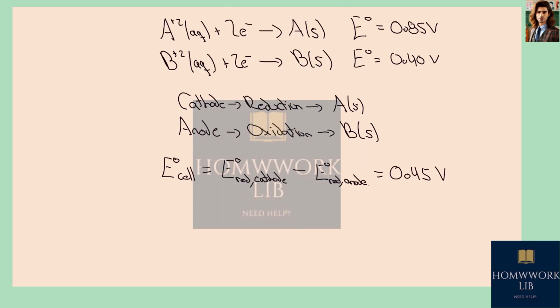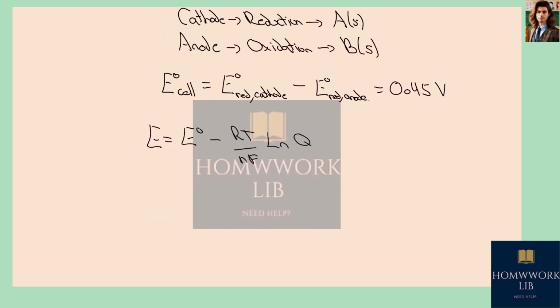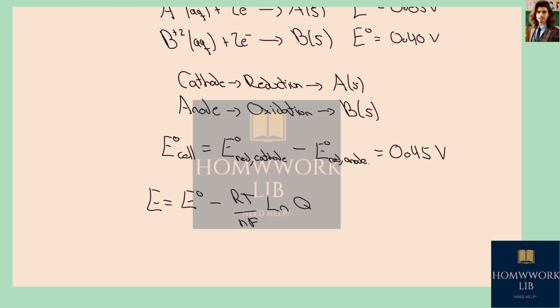So that is, E is going to be equal to E0 minus RT divided by nF logarithm of Q. The reaction that we're actually going to have occurring over here would be A2+ plus B solid producing B2+ plus A solid.